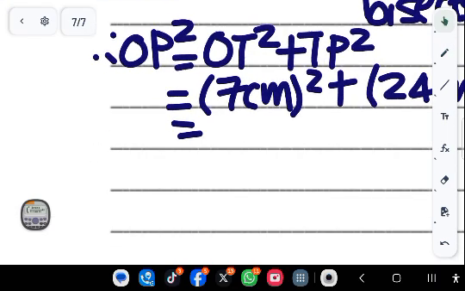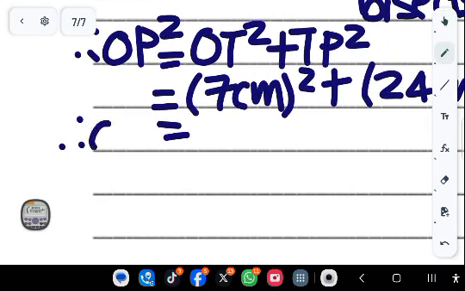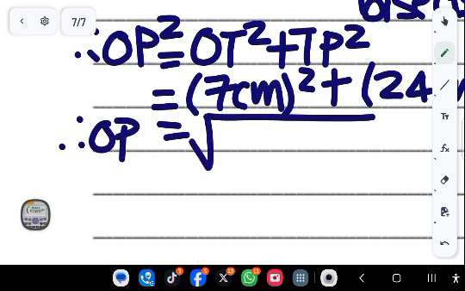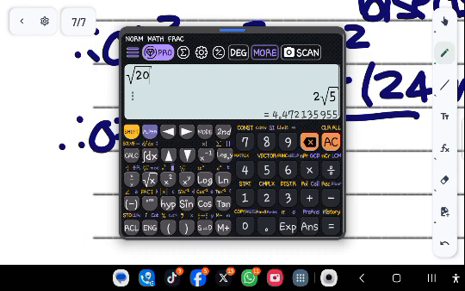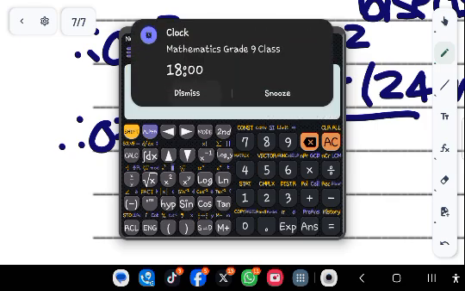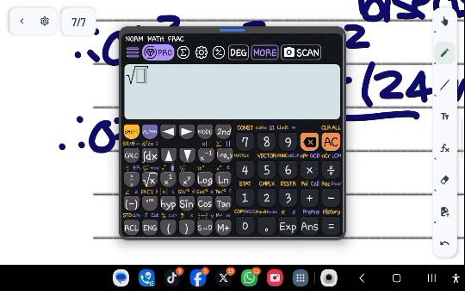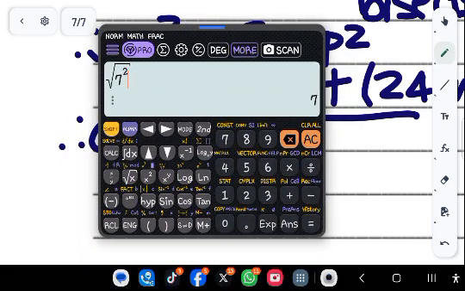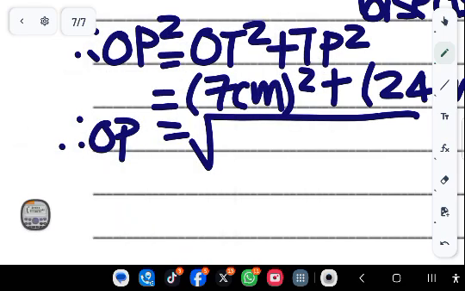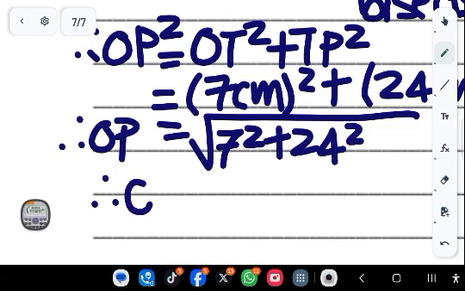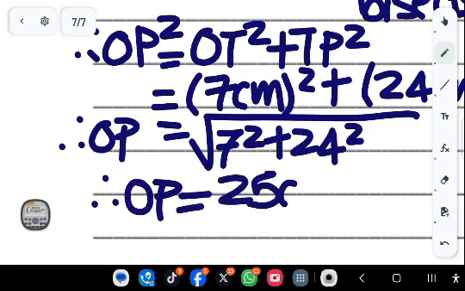Therefore OP is equal to the square root of 7 squared plus 24 squared, and that gives us 25. That is equal to 25 centimeters.